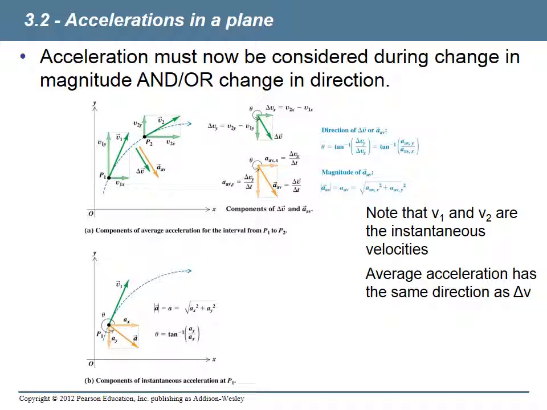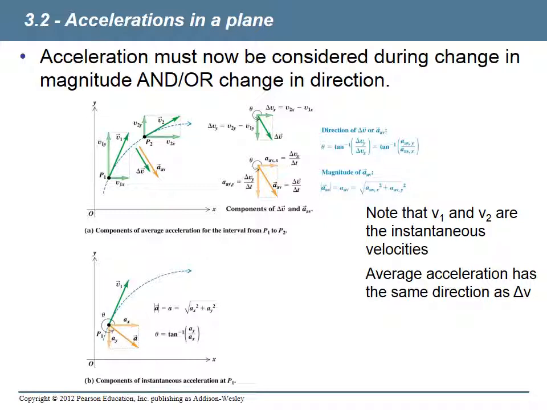Now, if I take the definition of the average acceleration between these two, I've got to take velocity vector 2 minus velocity vector 1, and it's a little bit difficult to do because they're different lengths and at different angles. So we want to break this apart.